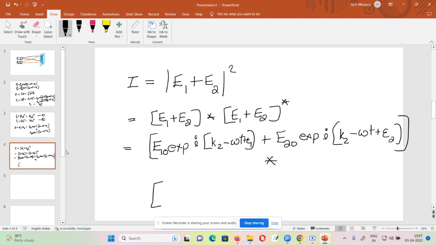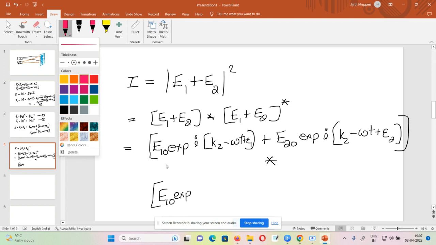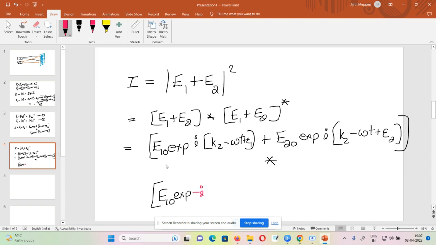What will be the conjugate? E10 exponential minus i into (kz minus omega t plus epsilon 1) plus E20 exponential minus i into (kz minus omega t plus epsilon 2).